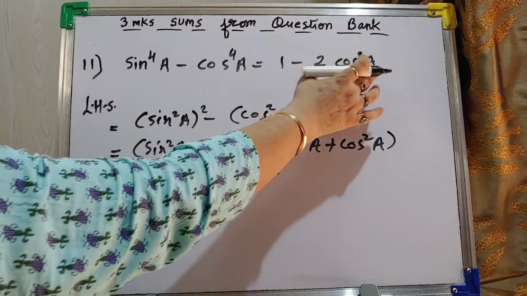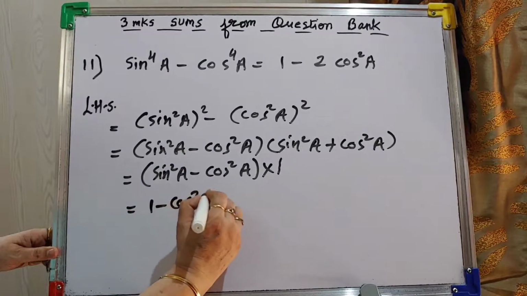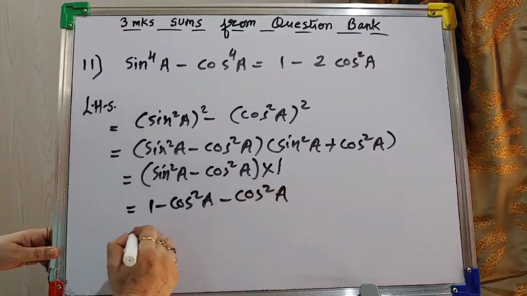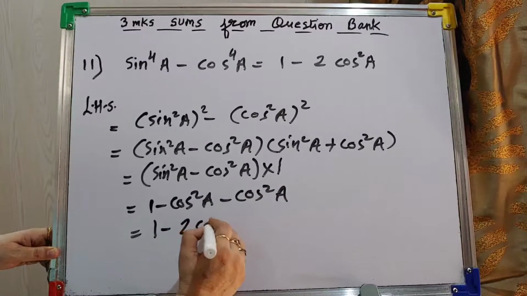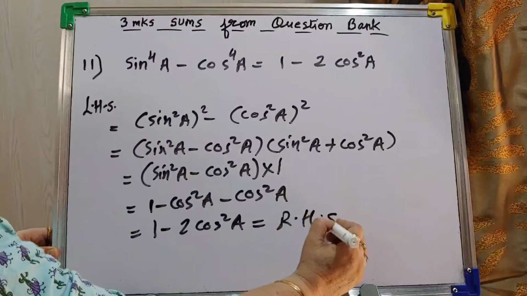Now, I require only cos. So, this sin square A I can write 1 minus cos square A. This minus cos square A I will keep as it is, 1 minus cos square A minus cos square A, minus 2 cos square A. That is only my right hand side.